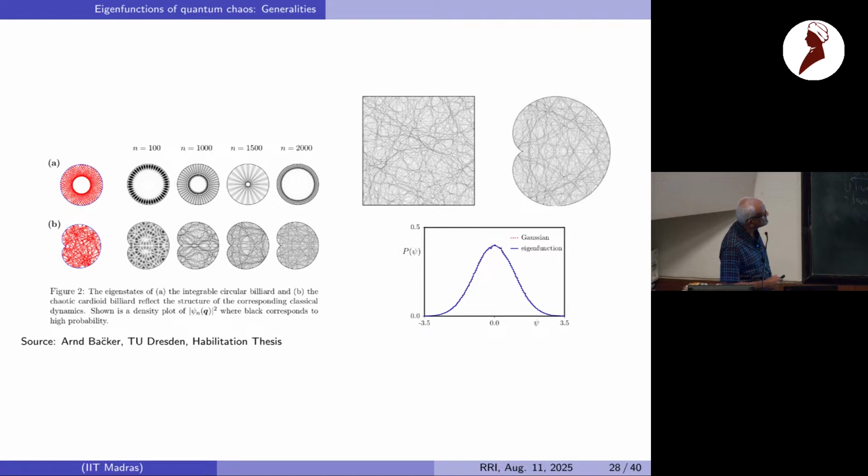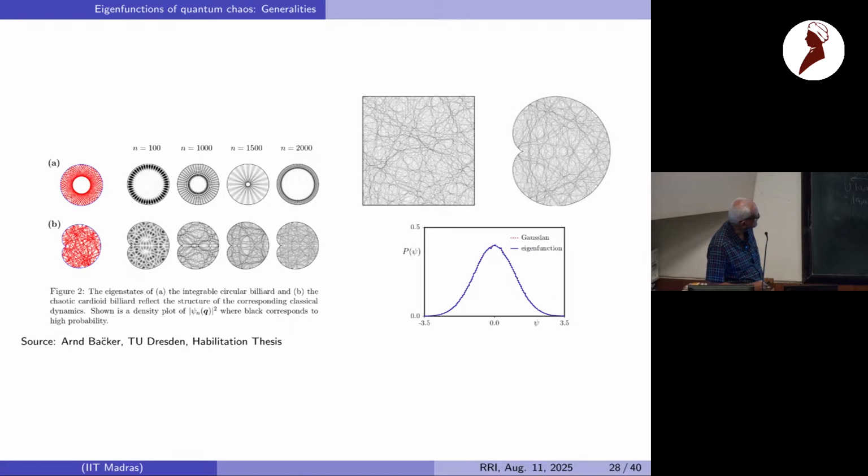This is the excitation level, so 1000, 1100 to 2000. These are the eigenstates, and you can see various structures, quantum classical correspondence. You may think about this as an invariant object. There are these caustics, and they will appear here.